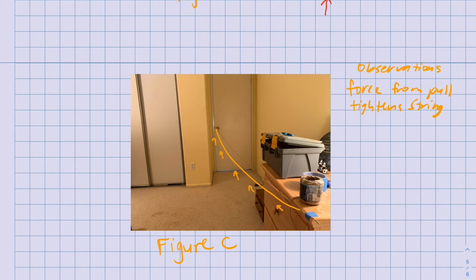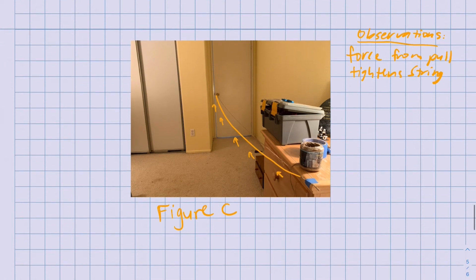Observations. This helps us know when we're evaluating, if we go back and make other design propositions or other prototypes, this helps us know to go back, see, okay, this is what worked with this, what didn't work with this. Force from pull, tighten string, in this way, just like that. Perfect. We just documented our observations and our design prototype.